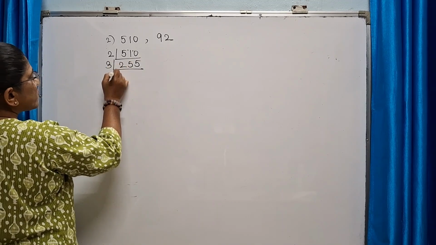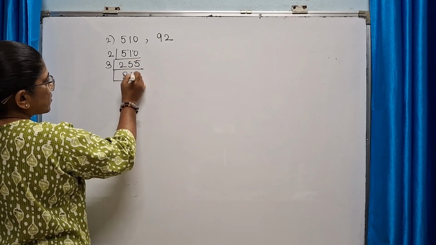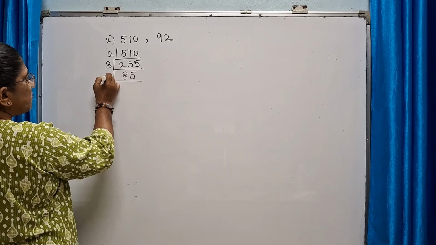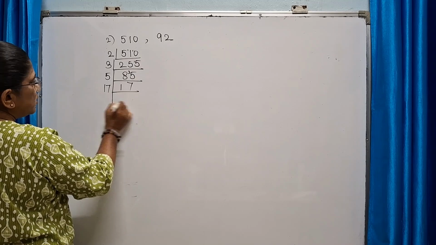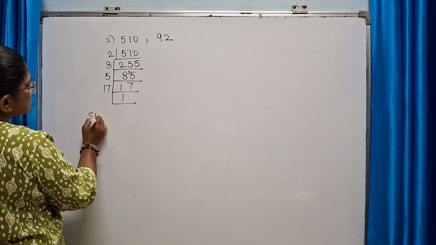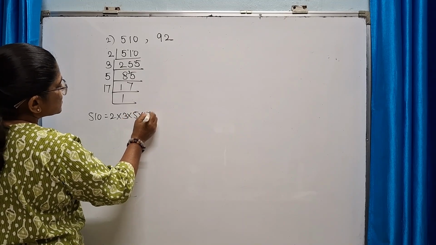Let's take 3: 3 8s are 24, 3 5s are 15, giving 85. Let's take 5: 5 1s are 5, 5 17s are 85, so 17. So 510 is 2 into 3 into 5 into 17.